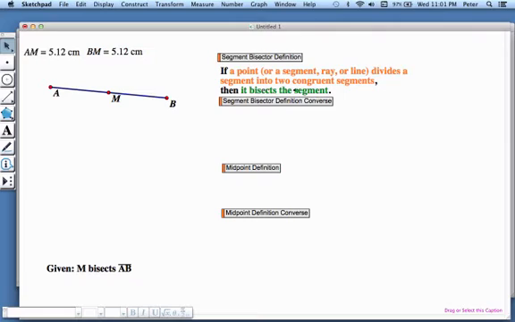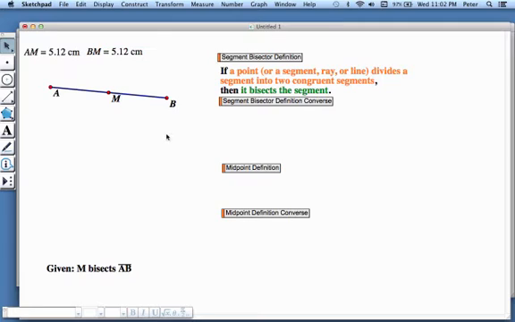Therefore, it bisects the segment. So again, what you were given, that the two segments were congruent, is restated here in the orange part. As you recall, that's the hypothesis. The conclusion, the then, is where we say that it bisects the segment.